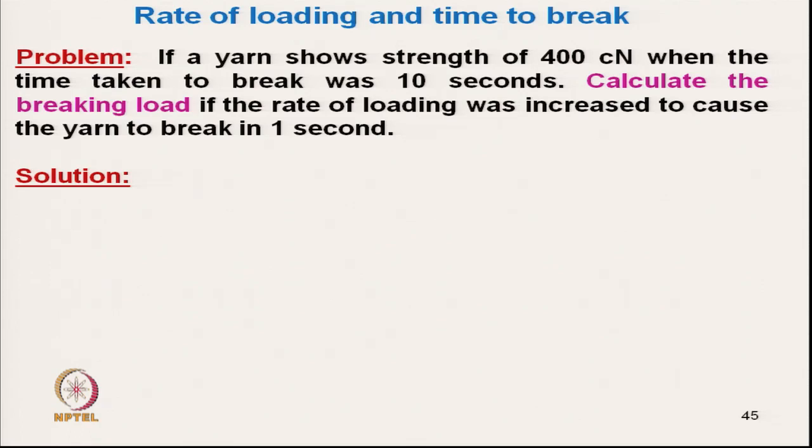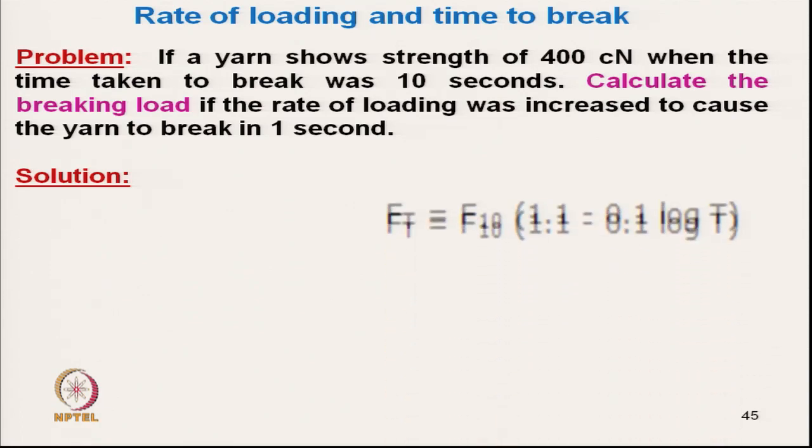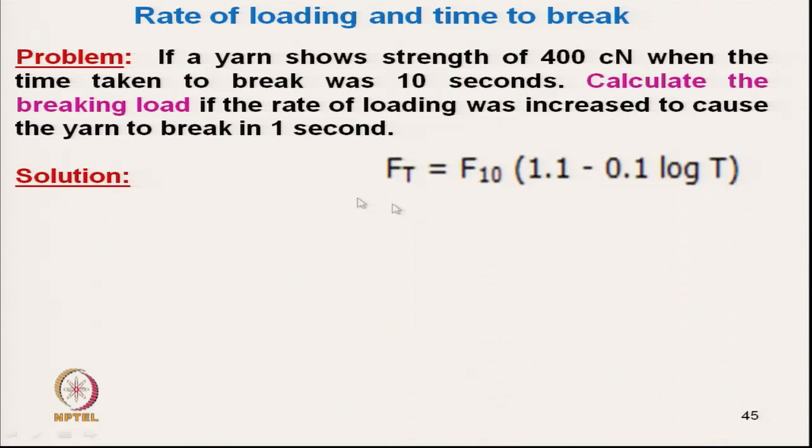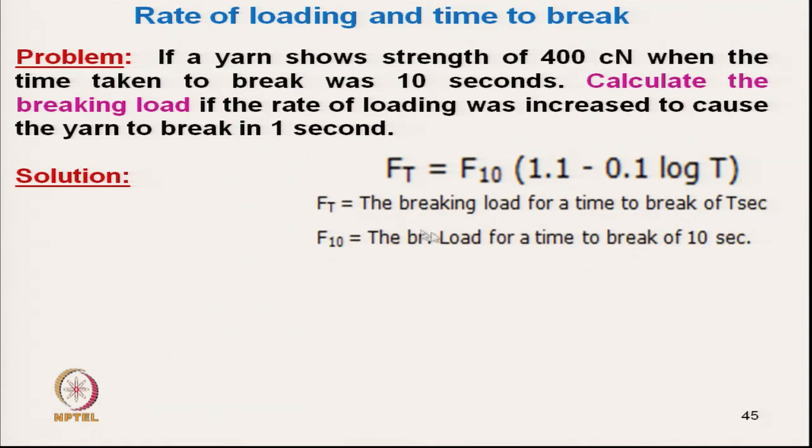If we increase the rate, this is the formula we have seen earlier. F t is the breaking load for a time to break of t seconds, and F 10 is the breaking load for a time to break of 10 seconds.